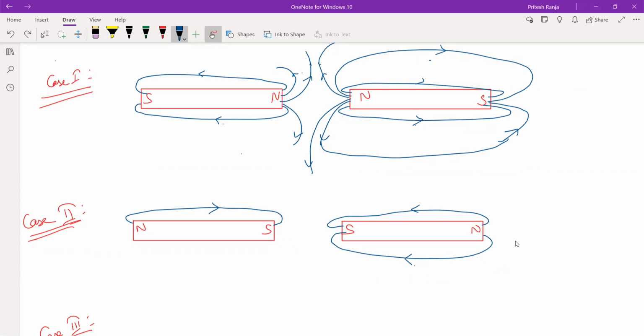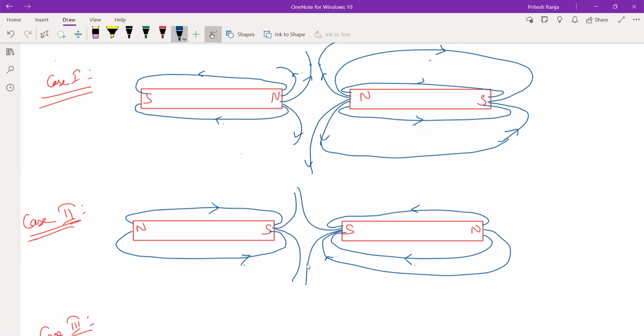That's not possible because this south pole is much before the next south pole. Similarly, this magnetic field line will be bent in this direction instead of going to the next south pole. You can see here also this kind of lines will be present, but no two lines will meet.